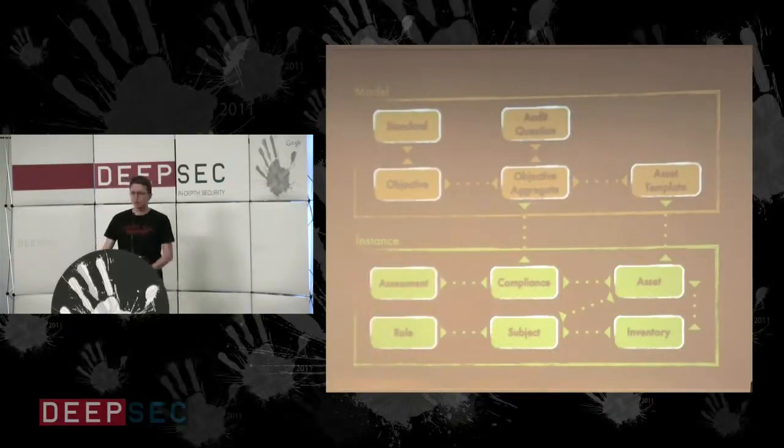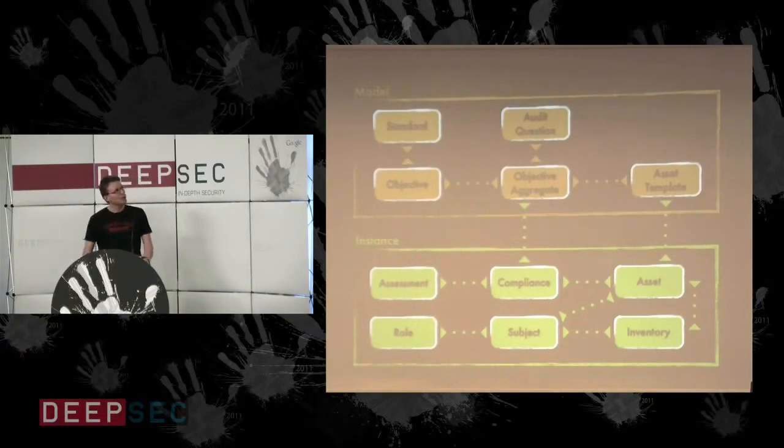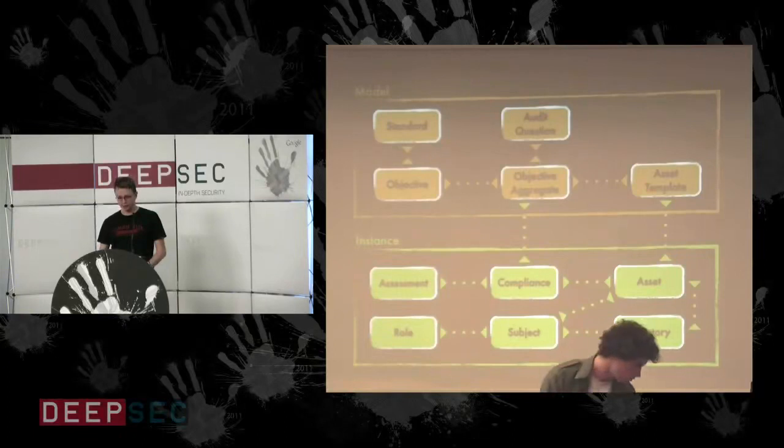The model part is like you know it from developing: the upper one is the class, the lower one is the instance. So the upper one could be shared amongst different companies, and the lower one contains the data from your environment, which you usually want to keep safe and not share with anyone else.